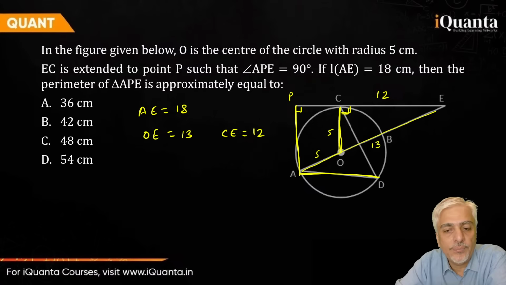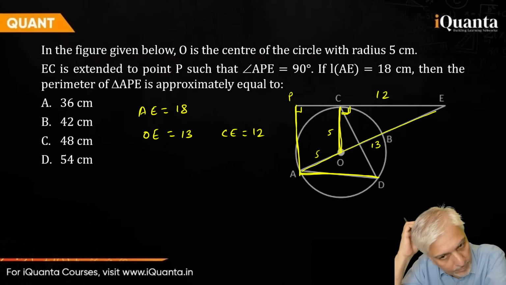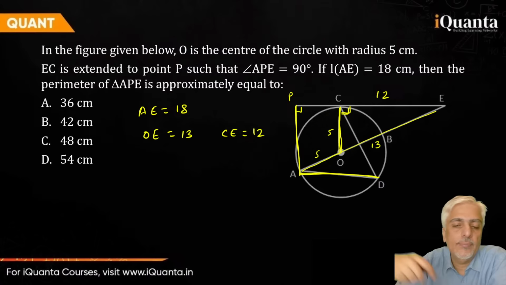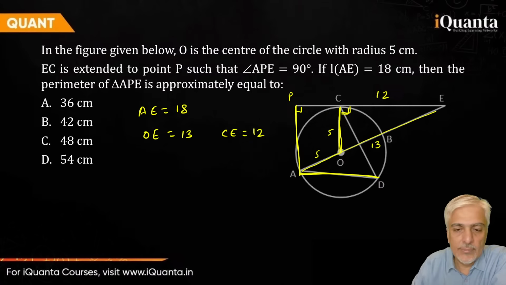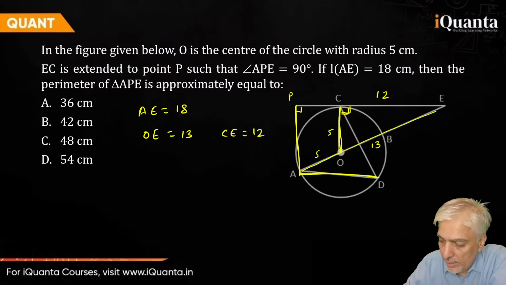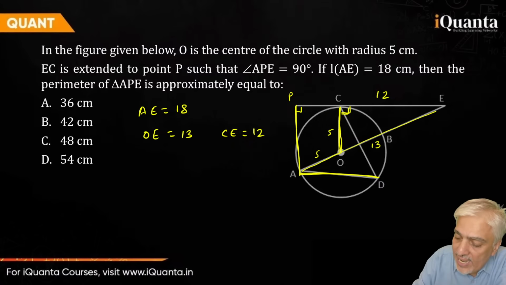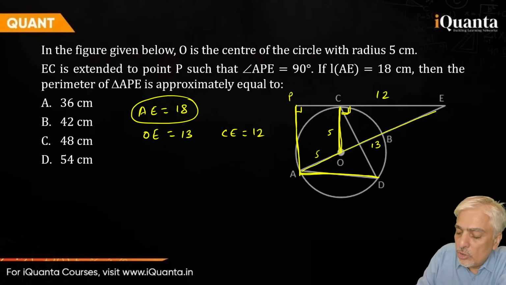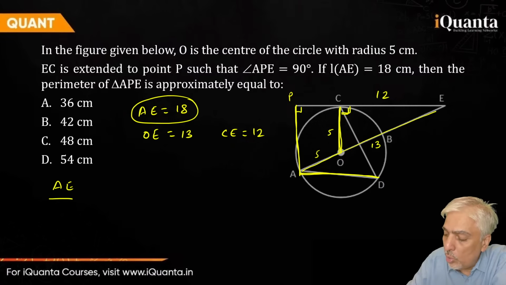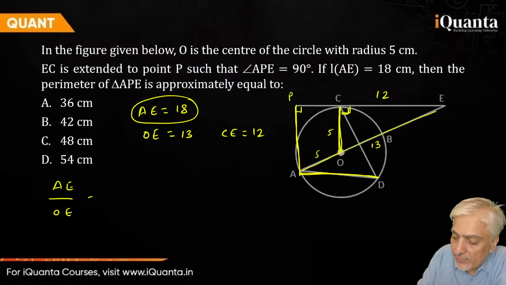Pay attention. Now, can you find any one side of the big triangle? We already know the big triangle's side AE is 18. So AE upon OE is 18 upon 13.